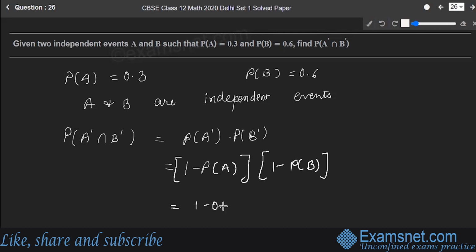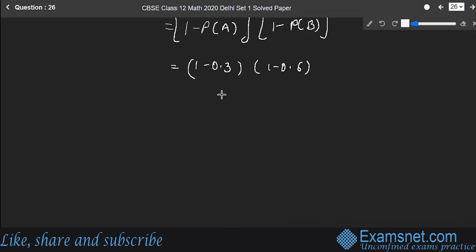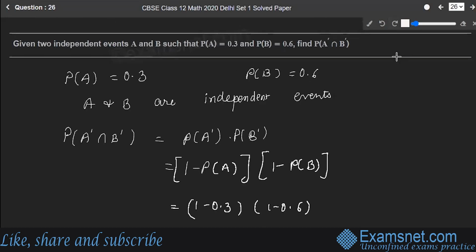So this is equal to 1 minus 0.3 and 1 minus 0.6. That gives you 0.7 into 0.4, which is equal to 0.28, and this is the answer to the question. 0.28. Hope you got that.